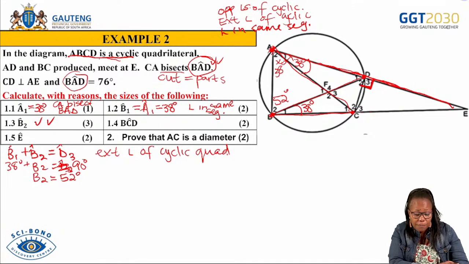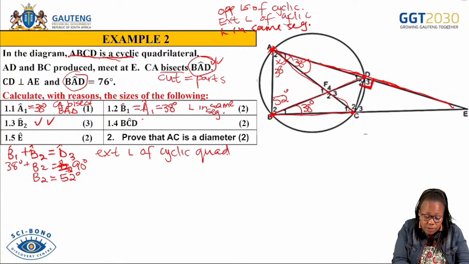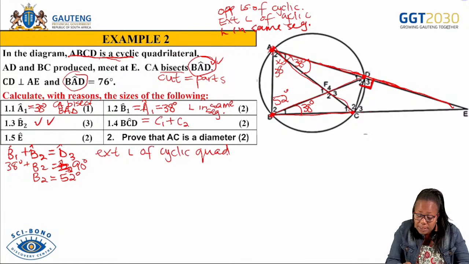And then 1.4, we are calculating angle BCD. We are looking for BCD there. This angle here, that means we are basically looking for C1 plus C2. That is our BCD angle. If you look at BCD, this angle here, it is opposite angle A inside a cyclic quad ABCD.